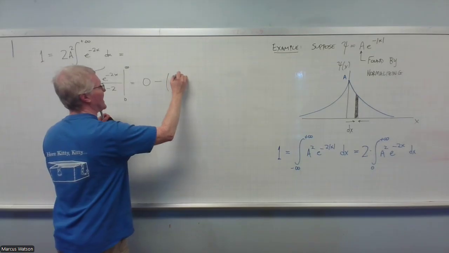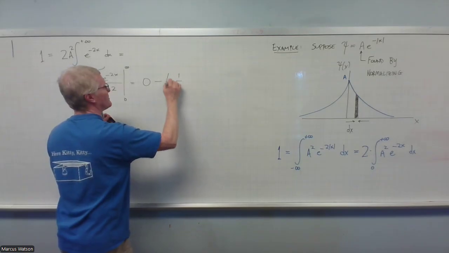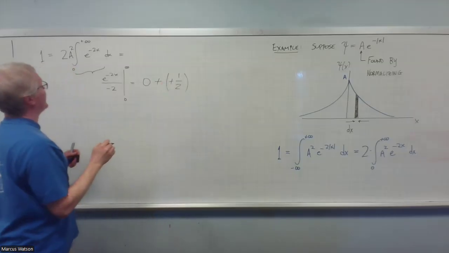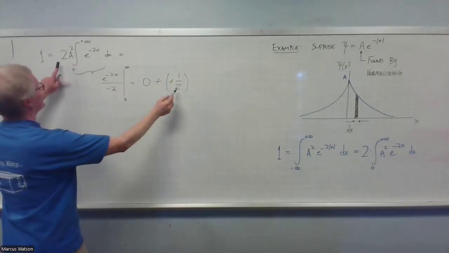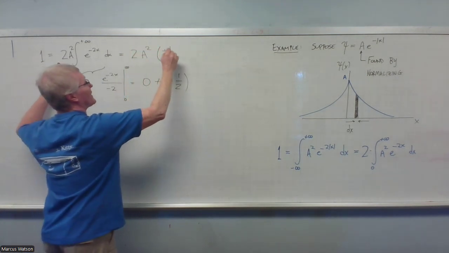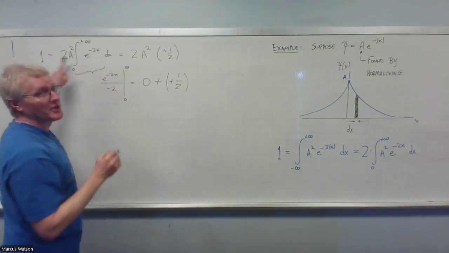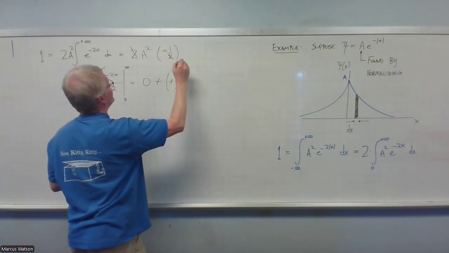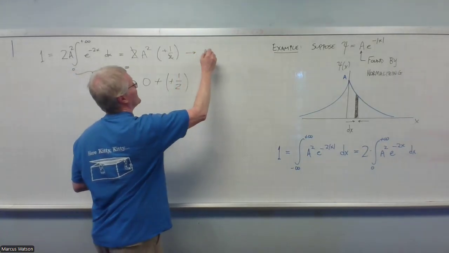So this is going to be 1/2 minus minus 1/2. So those two go away. And that means that I would be multiplying 2a squared by the plus 1/2 from the results of the integration here. And so these would go away, and then I would get that a is equal to 1.